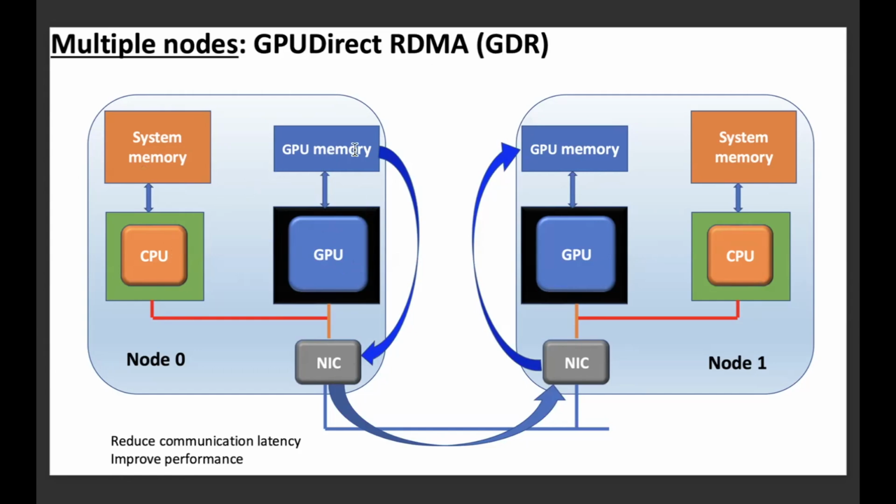This is basically handled by the GPU driver, so you don't need to care about it. The data is transferred through the network interface card to another compute node, and from there it goes directly to the GPU. The example that we will run in a moment will show you really how fast this concept is.